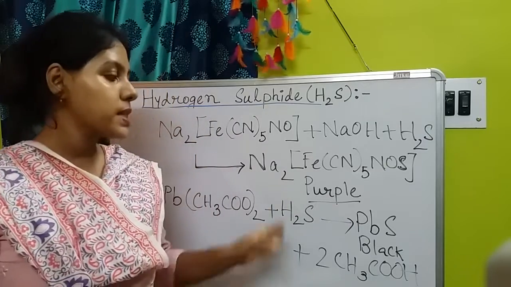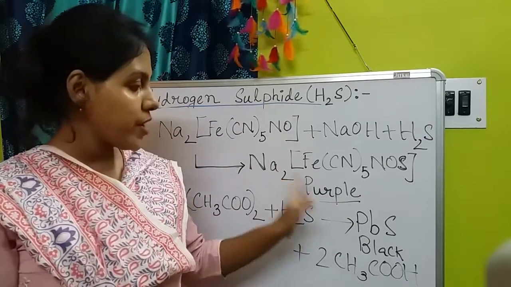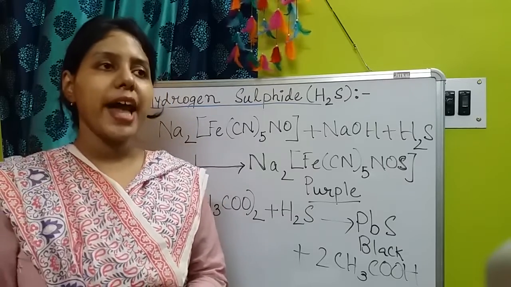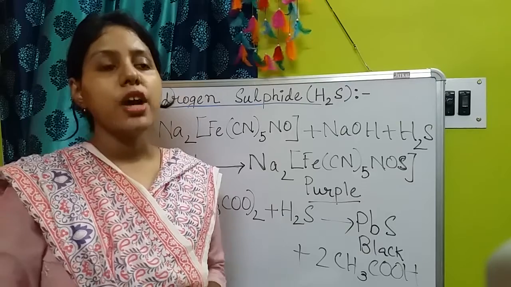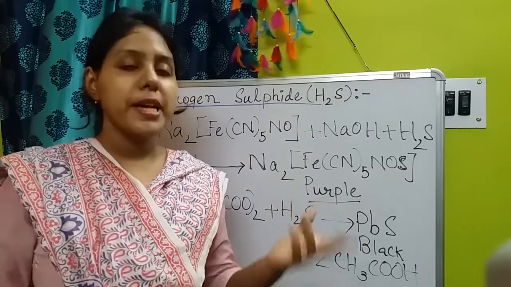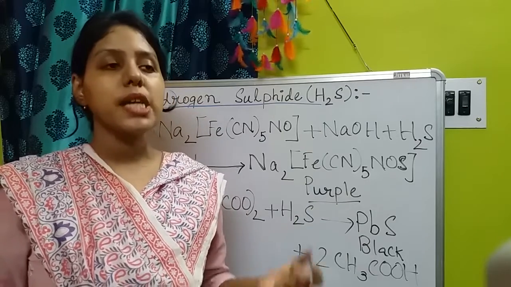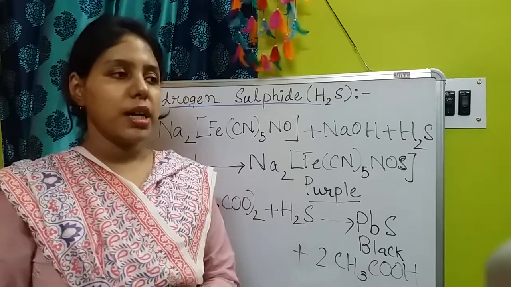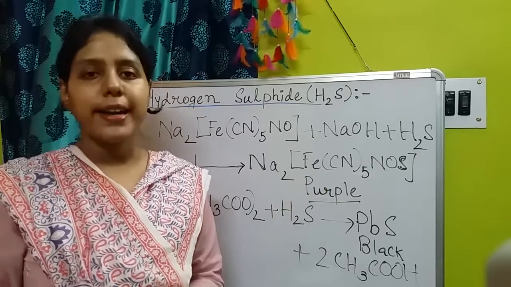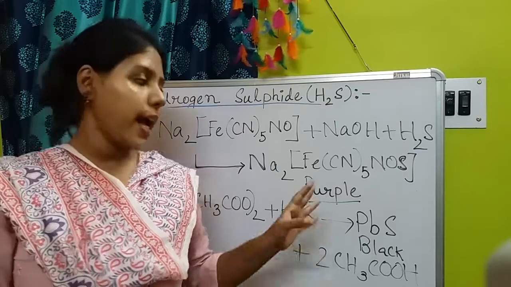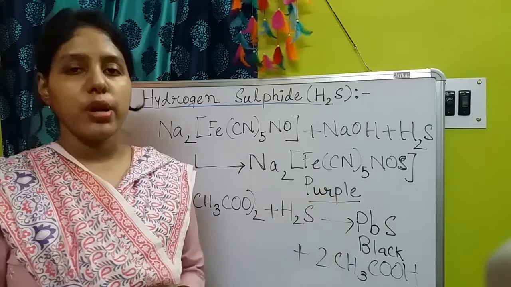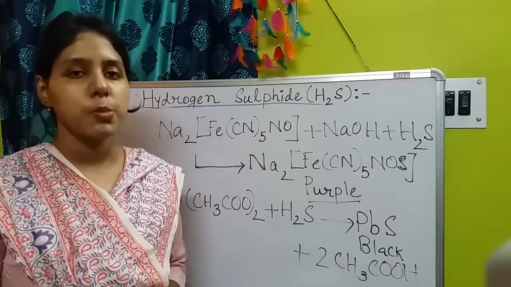As well, this type of precipitation reaction we use in the laboratory for identifying different types of cations or basic radicals like copper 2+, zinc 2+, lead. For this reason H2S is a very important reagent that we could use in various methods and for various purposes.